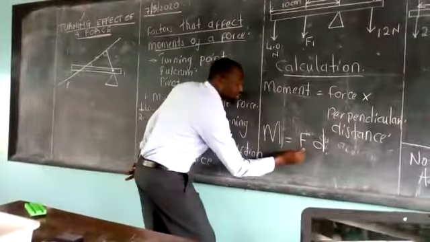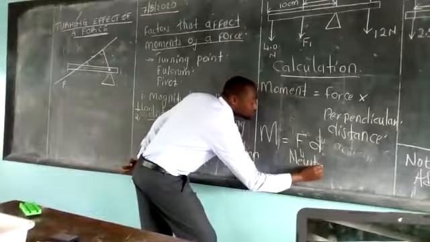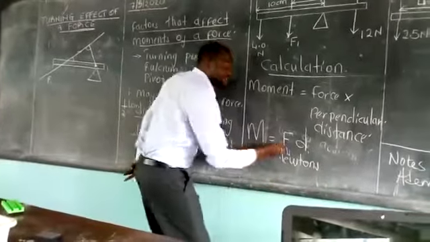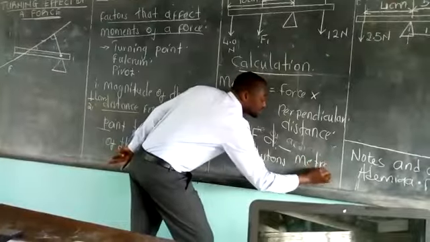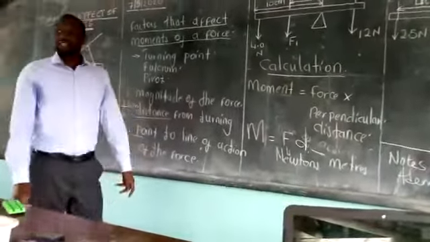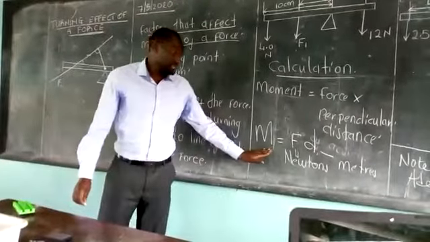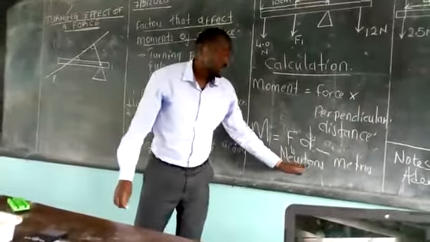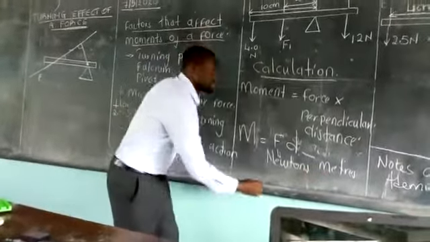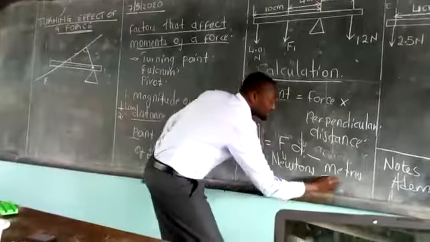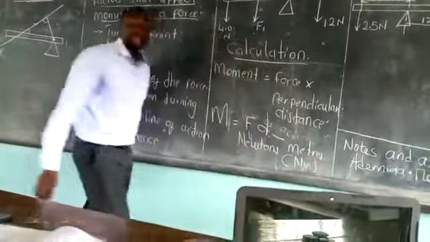We know the unit of force is newtons, and the unit of distance is meters. And therefore, the SI unit of moments is Newton meters. That is, in symbols, capital letter N and small letter m.